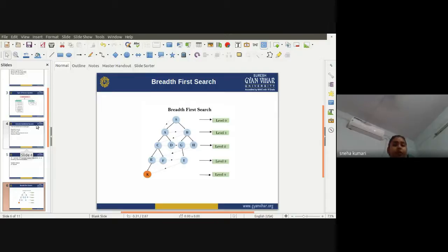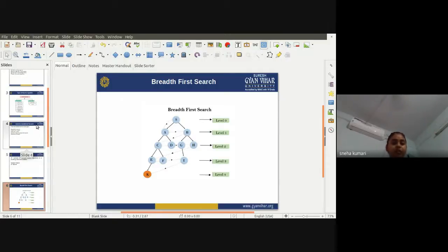So what is breadth first search? Breadth first search is the most common search strategy for traversing a tree or a graph.